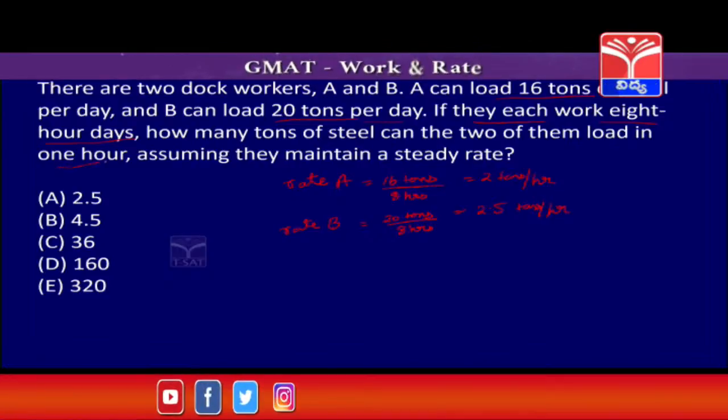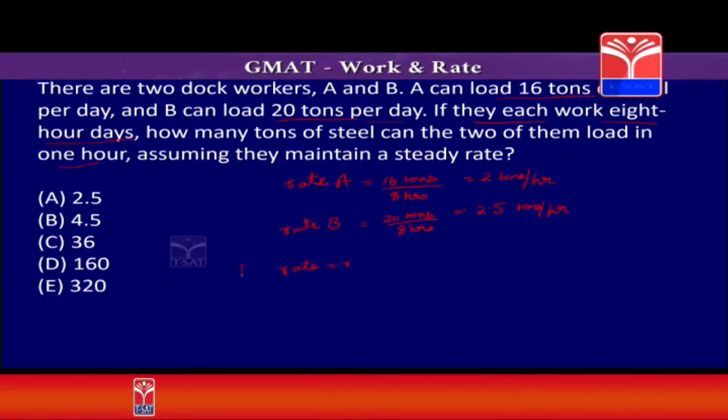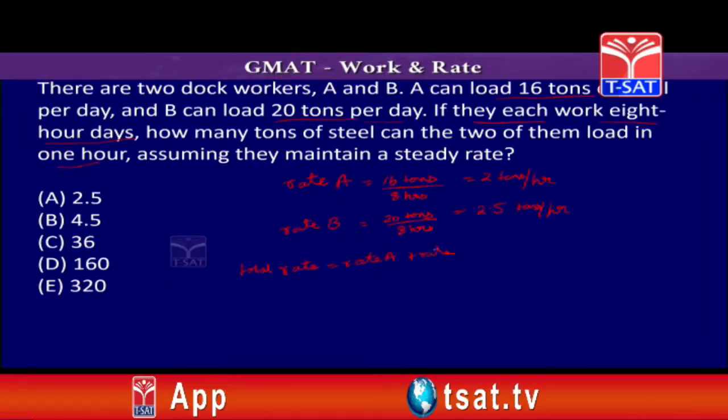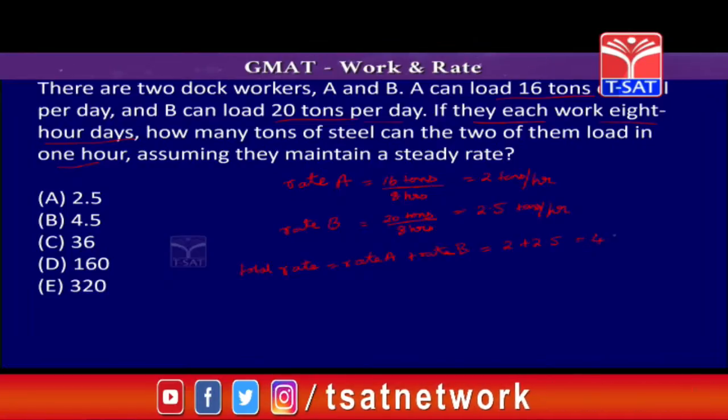Now they are asking how many tons of steel can the two of them load in 1 hour. If both of them are working, the rate gets added up. The total rate would be the rate at which A is working plus the rate at which B is working, which is equal to 2 plus 2.5, which is equal to 4.5 tons per hour.